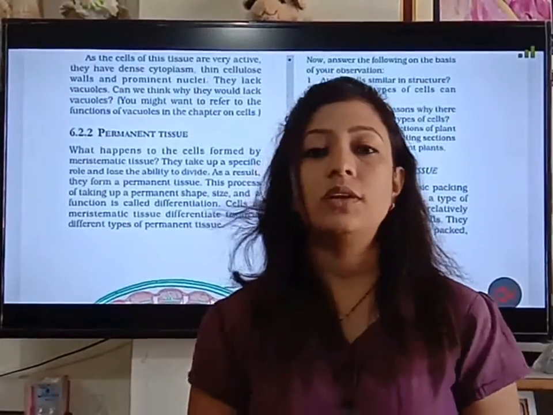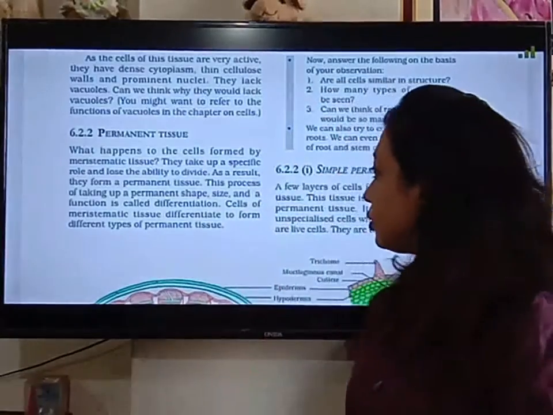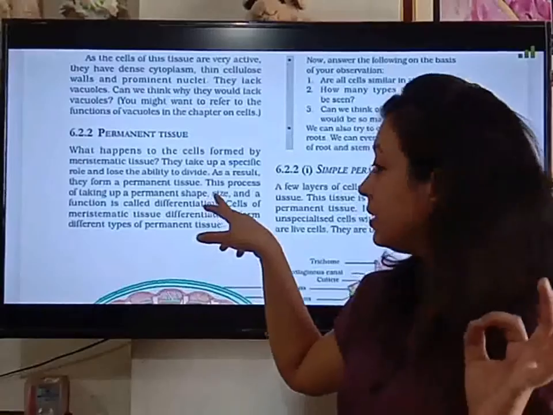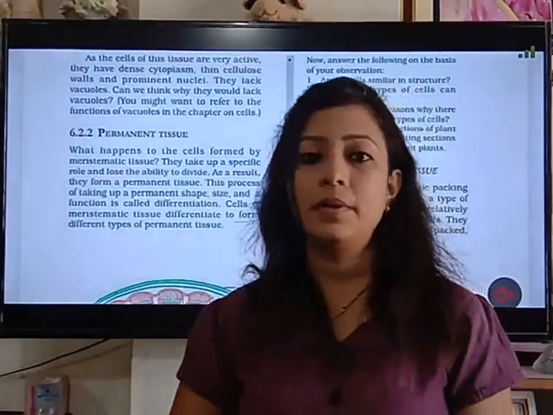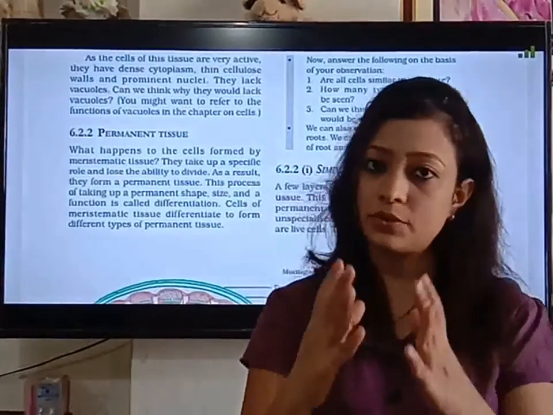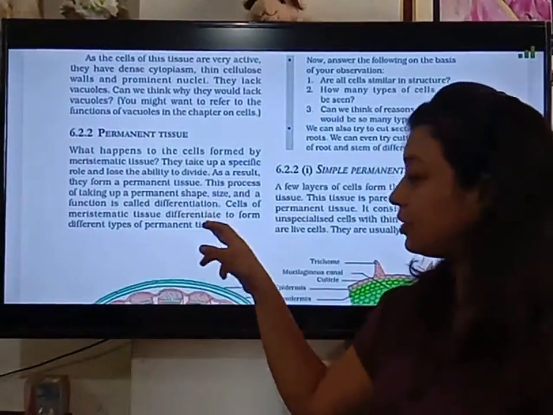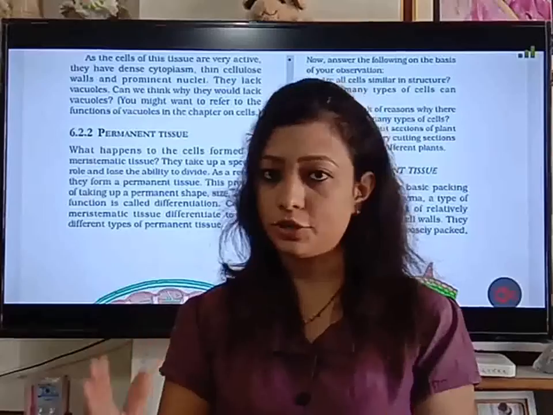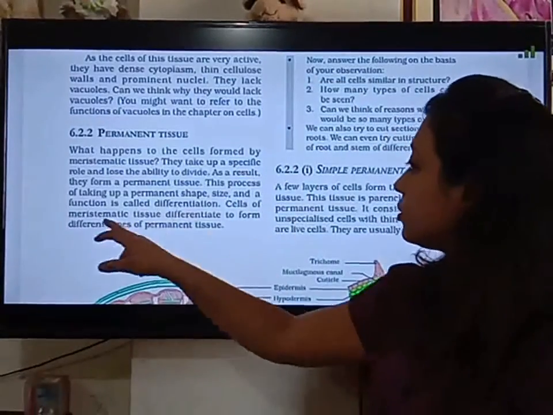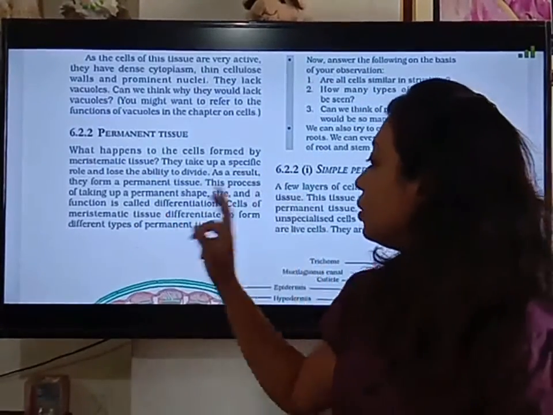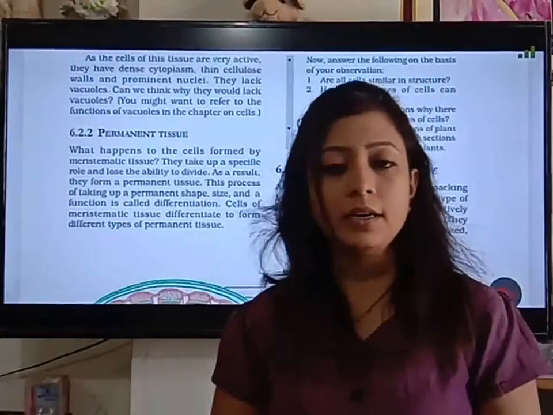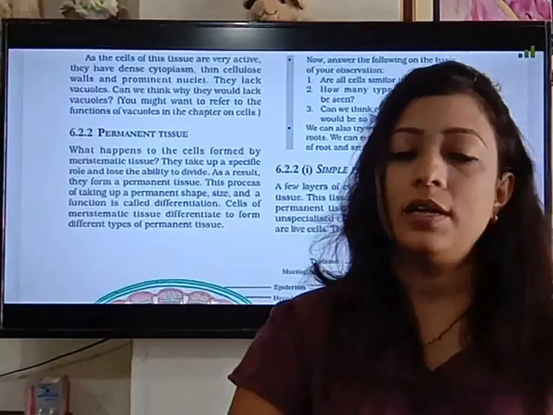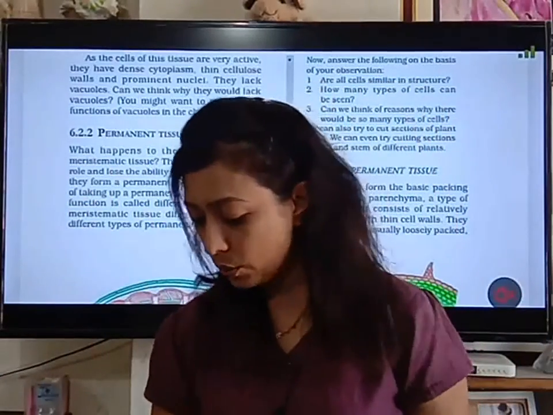This process, where the meristematic tissues change into permanent tissue, is called differentiation. Now children, cells of this meristematic tissue differentiate to form different types of permanent tissue. So children, these permanent tissues are formed from the meristematic tissues only.